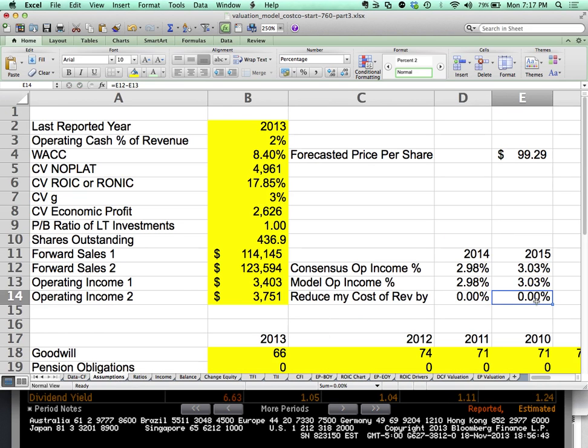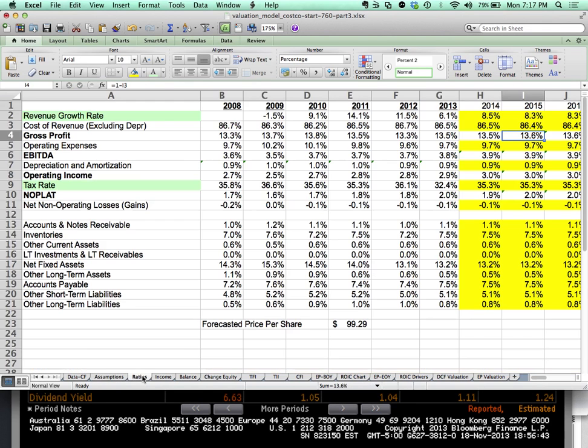I'm now matching my operating margin in the model. By the way, I'm now up to an almost $100 share price. And I have essentially matched the operating income, got a tax rate, got my net plat, essentially got the first 2 years worth of free cash flow forecasted using the consensus data.